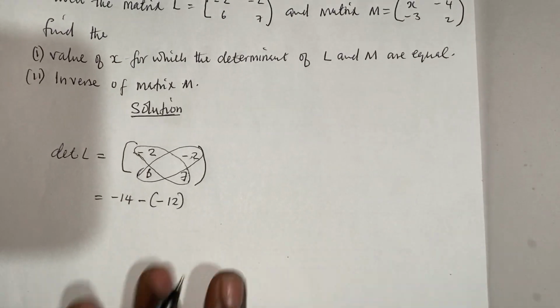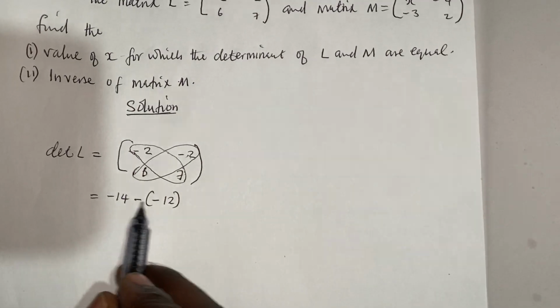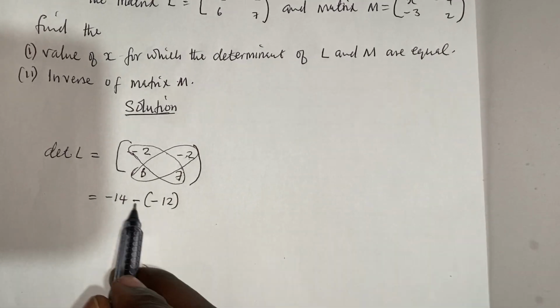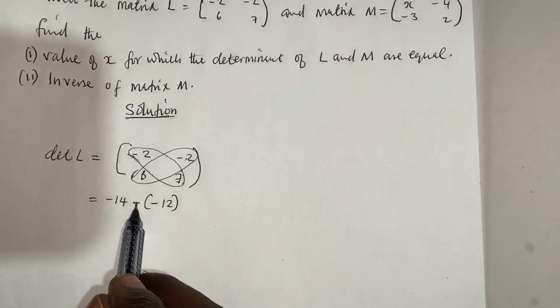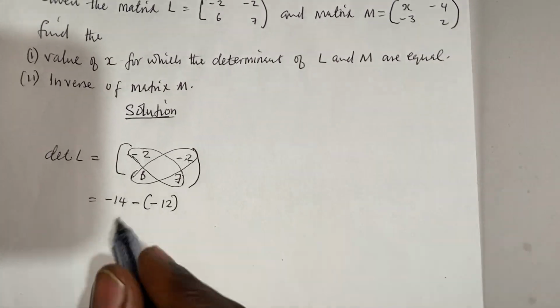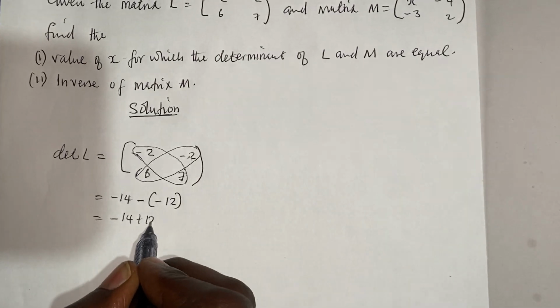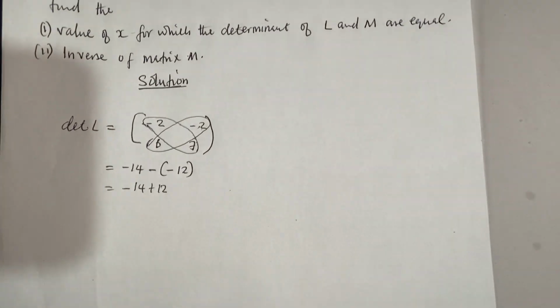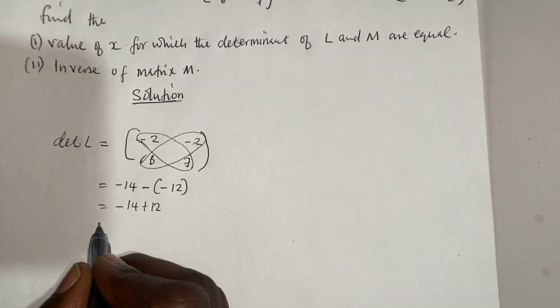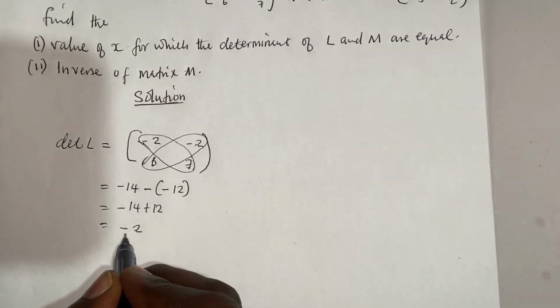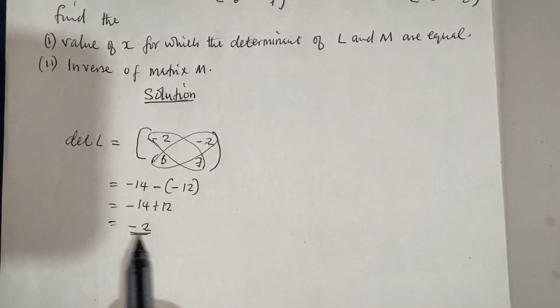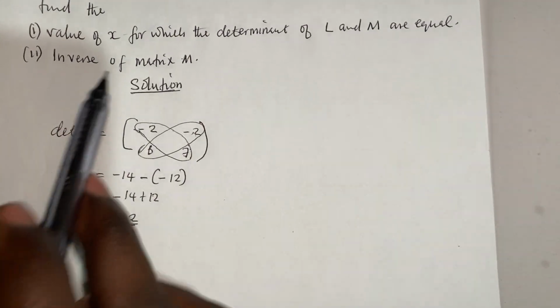From here, you can see that we have two signs, so we have to get rid of one sign. Negative times negative is positive, so we have -14 plus 12, and the answer is -2. This is the determinant for matrix L.